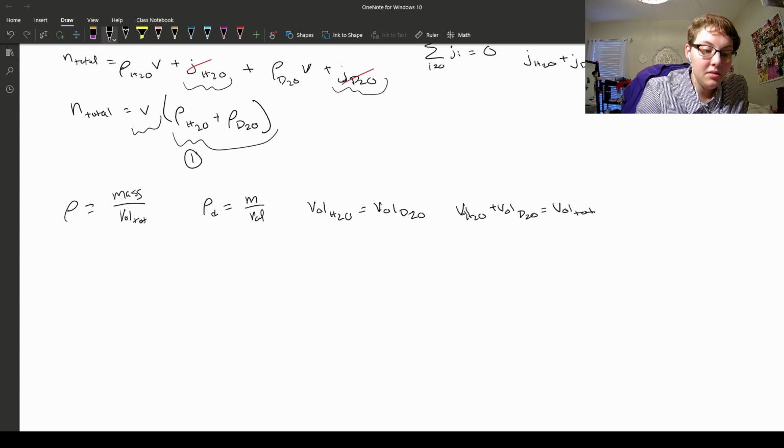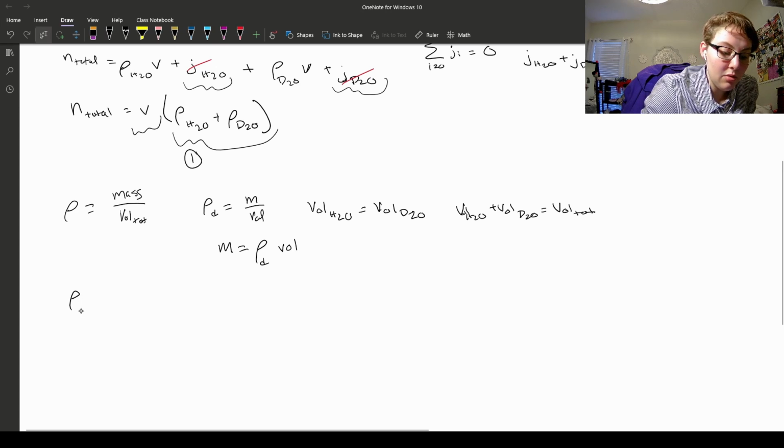With that in mind, we can rearrange our equations a little bit using the density definitions. Using this density definition, mass is equal to the density of the material times the volume of the material. So let's plug that into our mass concentration definitions.